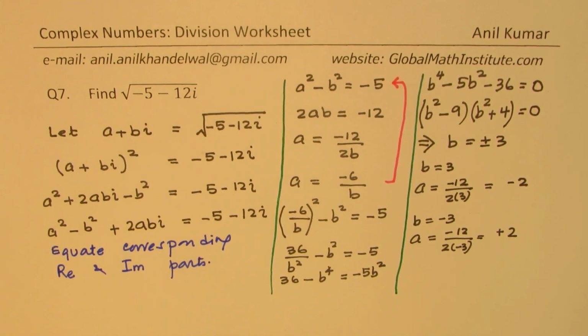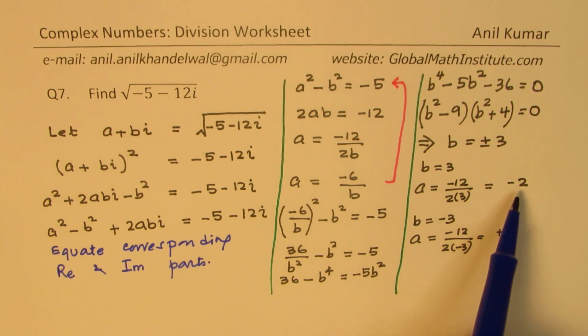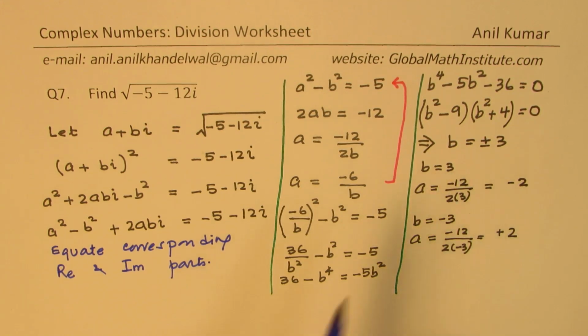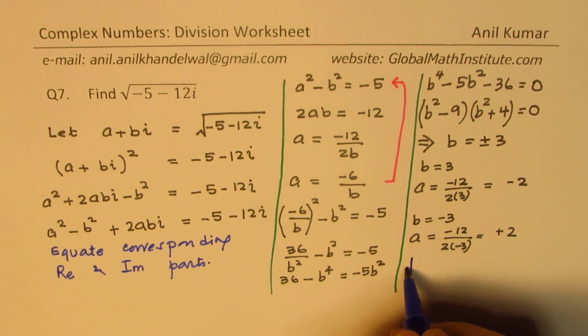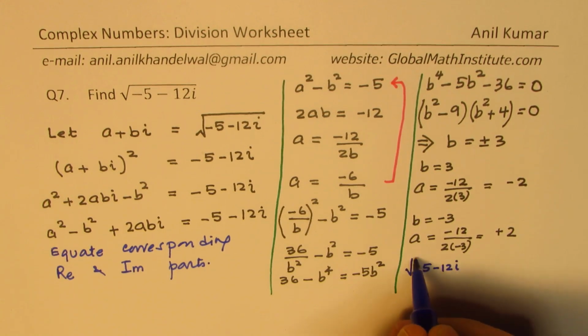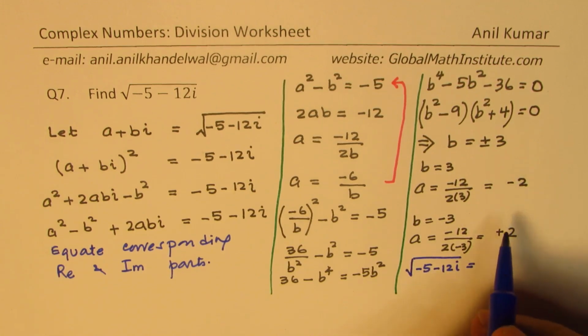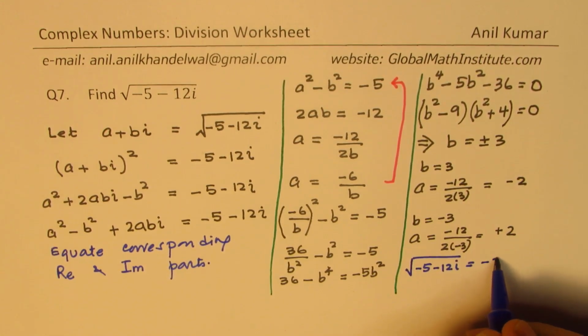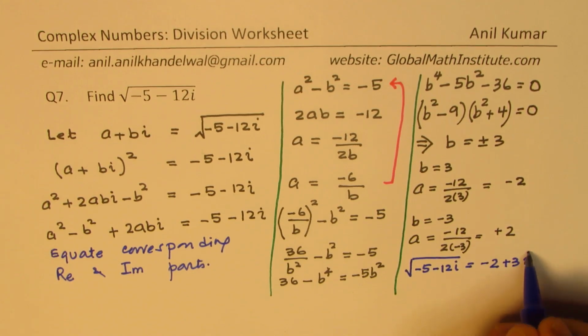So we do have the square root, and the square root of this number can be written with the value of a as minus 2 and b as 3. So we could use any one of these. So we can write down that the square root of minus 5 minus 12i is equal to minus 2 plus 3i, right?